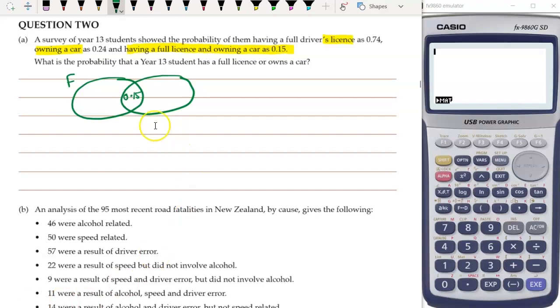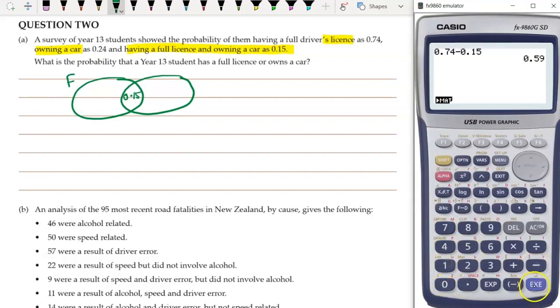Okay, so we've got that overlap of 0.15. Now, the probability of having the full license is 0.74. So 0.74 would be the total for that circle. We need to take off the 0.15 and we'll be left with 0.59 here. And then owning the car has a total of 0.24.